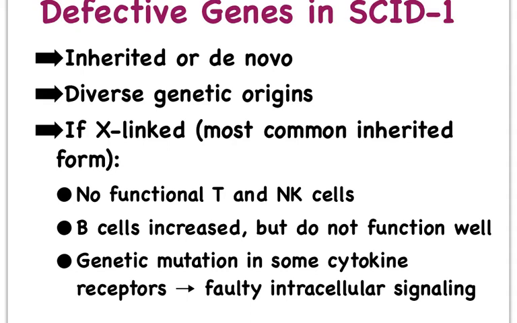We'll take a first look at the X-linked version, which is the most common way in which SCID is inherited. It leads to T cells that are non-functional. Also, the natural killer cells are not functioning. We have B cells, but they really don't function well. Remember, both arms of the adaptive immune system are impacted.